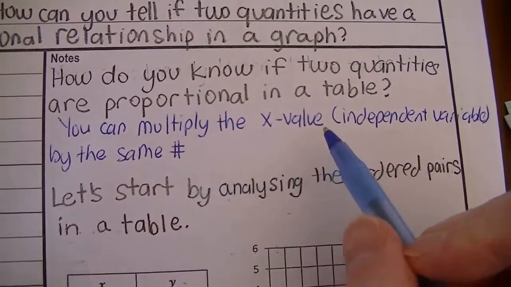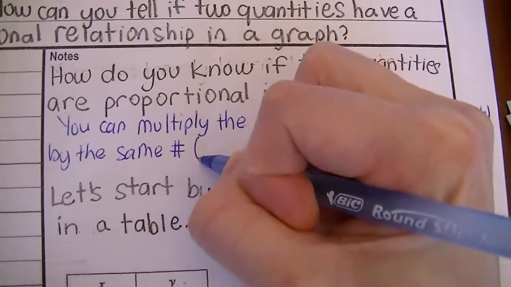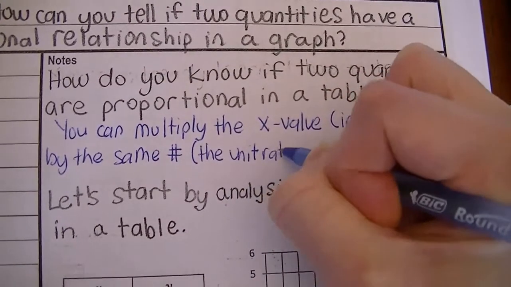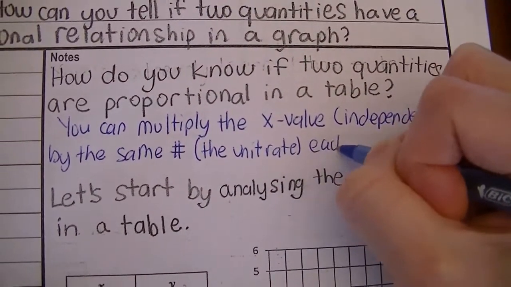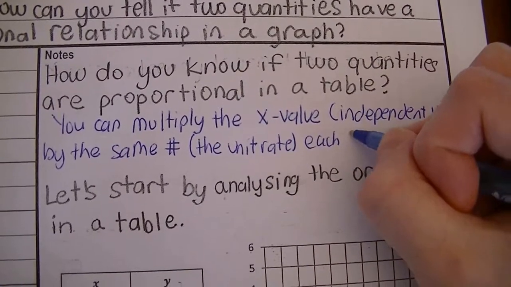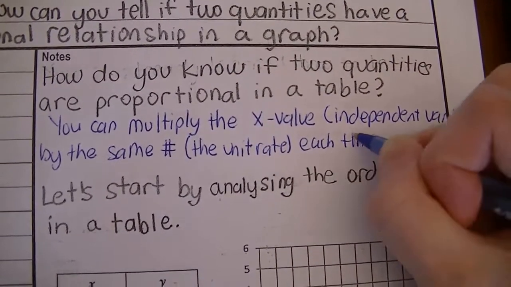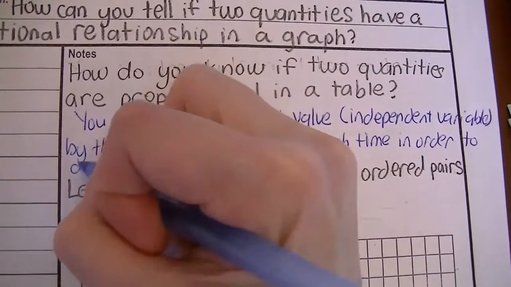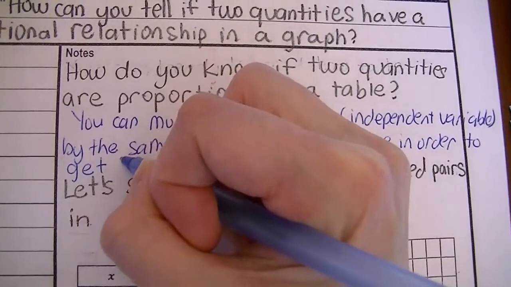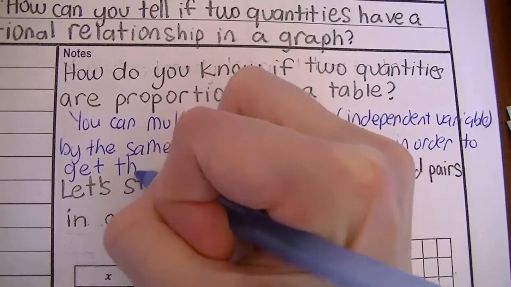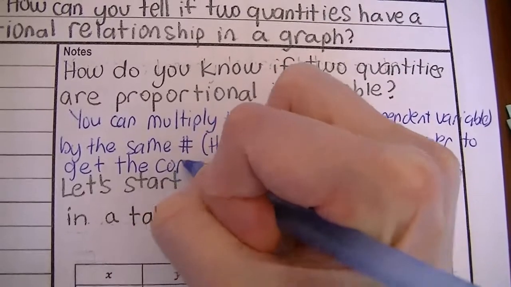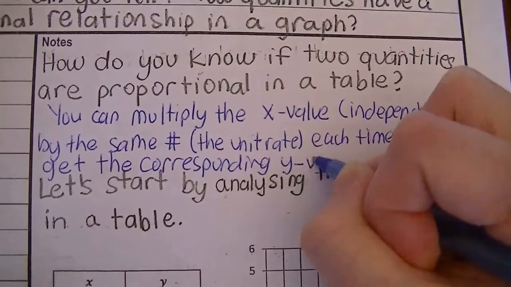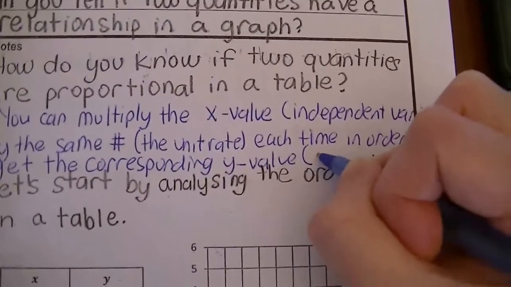So you can multiply that x value, the independent variable, by the same number, which would be the unit rate, each time to get that y value. And remember that y value is the dependent variable.